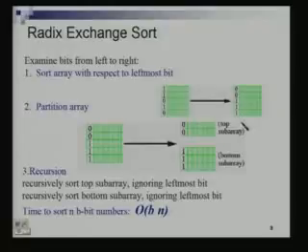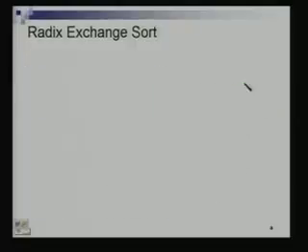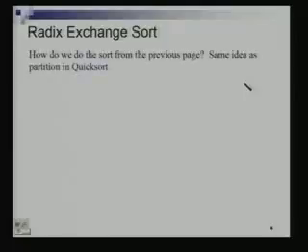How do you do this quickly? If you recall, in my recurrence I wrote order n for this and you did not raise a ruckus on that, right? So the point is we can use the partitioning algorithm that we employed in quicksort to do this. What does that mean?